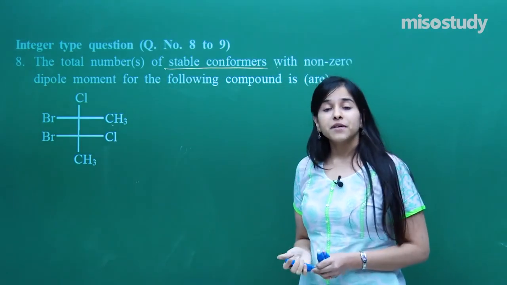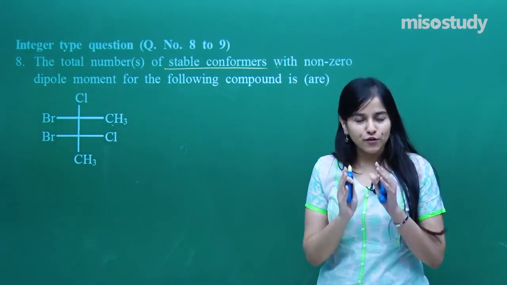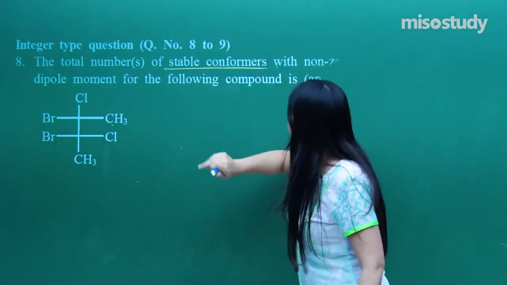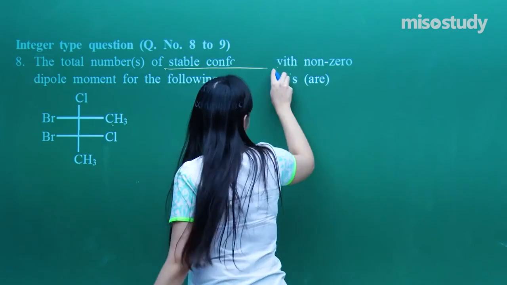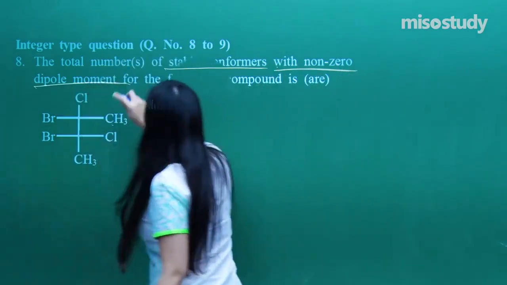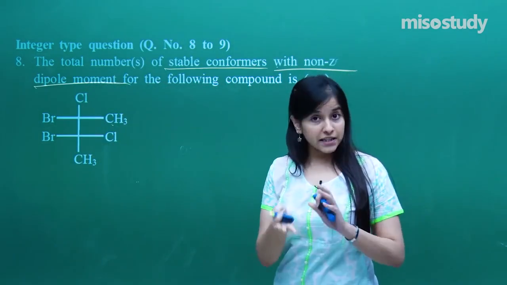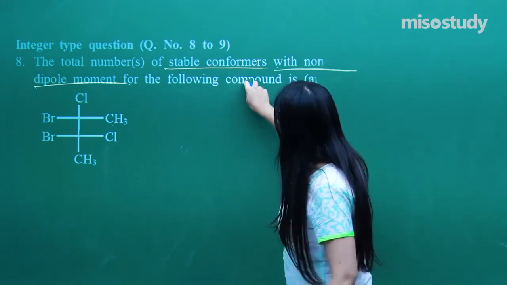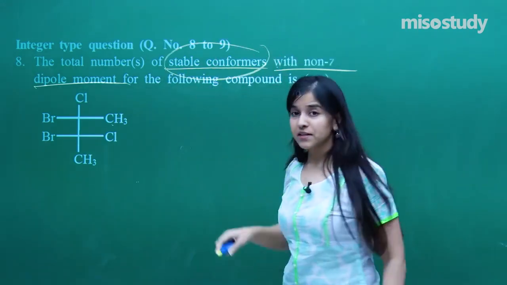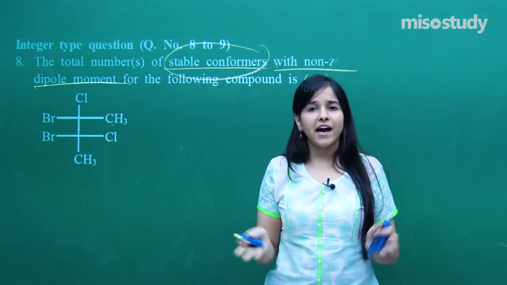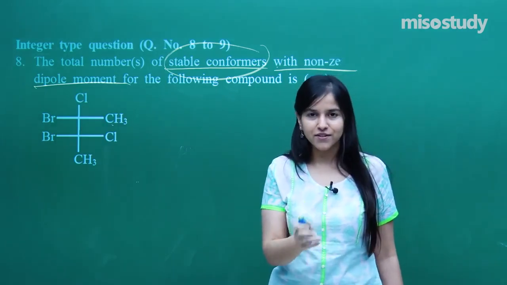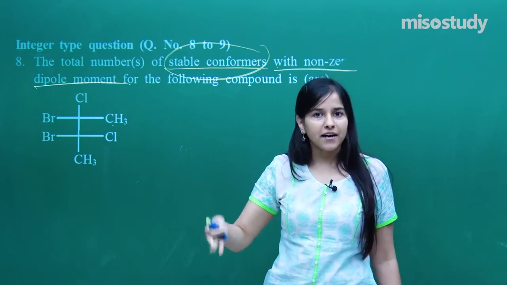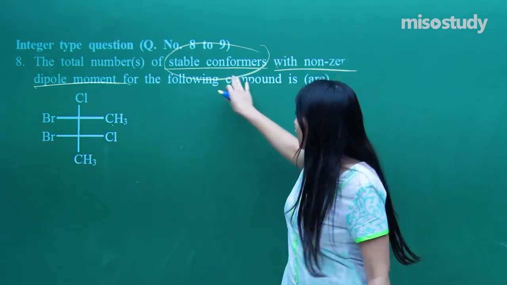Stable conformers means I need to make the conformations for this compound with a non-zero dipole moment, but I need to have stable ones as well. That means perfectly staggered is not our case, but partially staggered will be considered. So how many partially staggered conformers are possible?